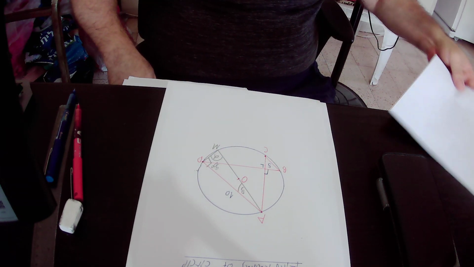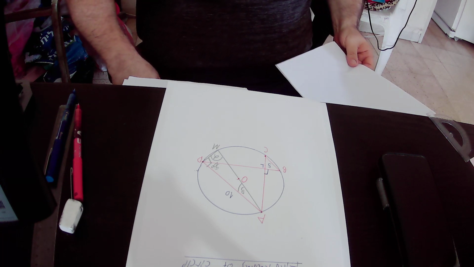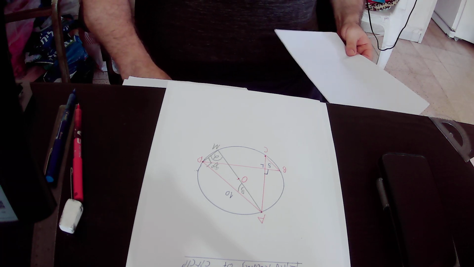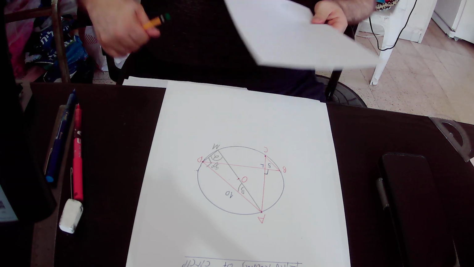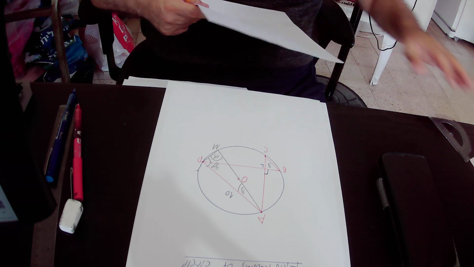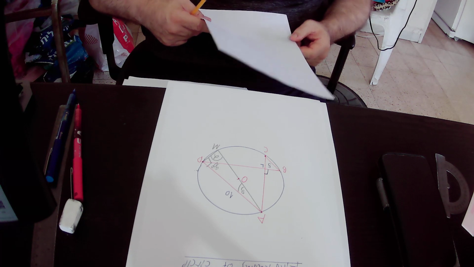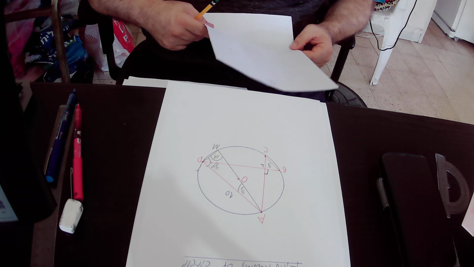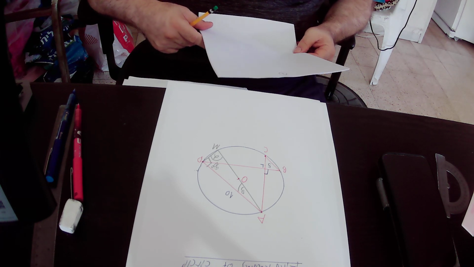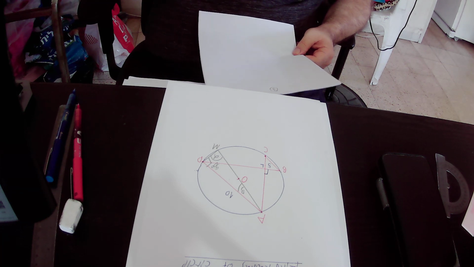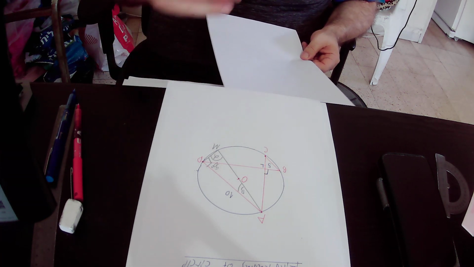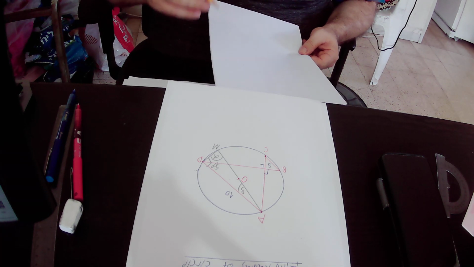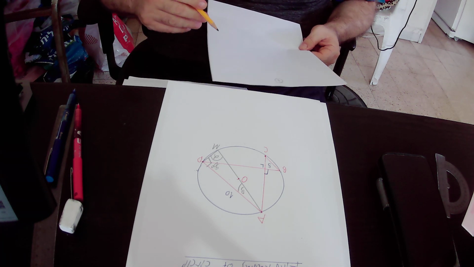And we know that the sum of the angles in any triangle equals 180 degrees. It is a simple rule that you might know. So the sum of the angles in triangle AMD, or in any triangle, equals 180 degrees.